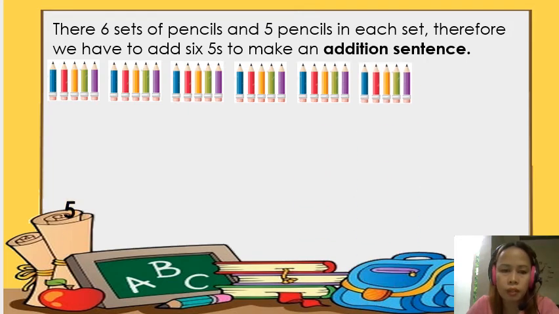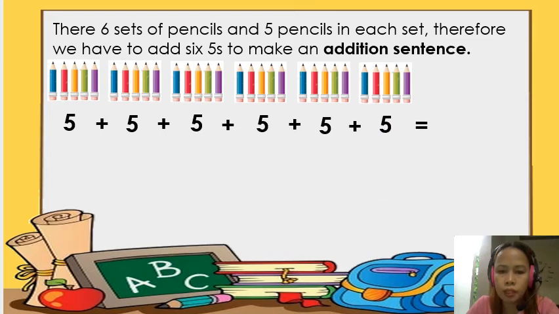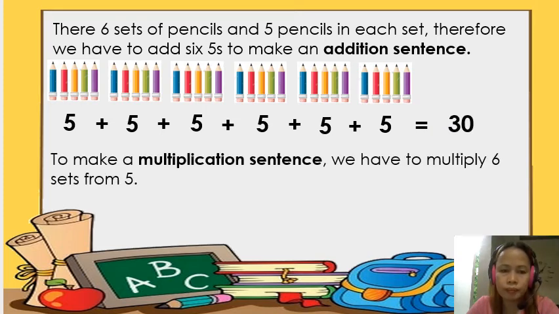And that is 5 plus 5 plus 5 plus 5 plus 5 plus 5 equals 30. To make a multiplication sentence, we have to multiply 6 by 5. That is 6 times 5 equals 30.